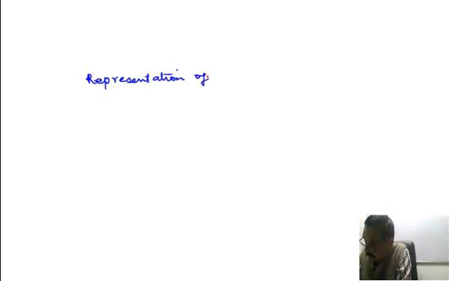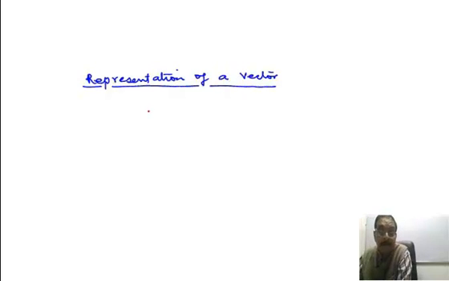Now we will see the representation of a vector. A vector is represented by a line segment and direction is given to that line segment.